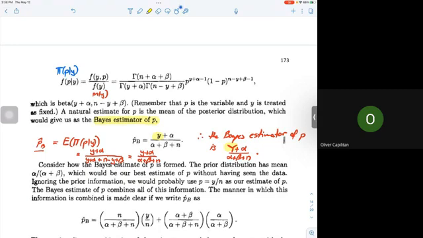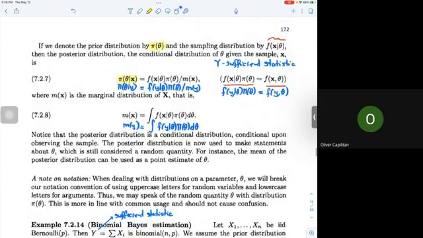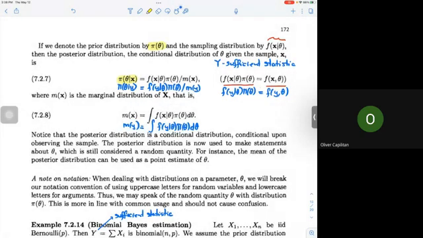Meron lang akong in-emphasize dito na mga things sa solution niya, para consistent lang sa mga notations na ginamit dito sa itaas. Yung prior niya, pi of the parameter; yung kanyang sampling distribution, it's either the joint PDF or the joint PMF of the sample. And then yung posterior distribution niya, we have the conditional distribution of theta given x, so pi of theta given x.